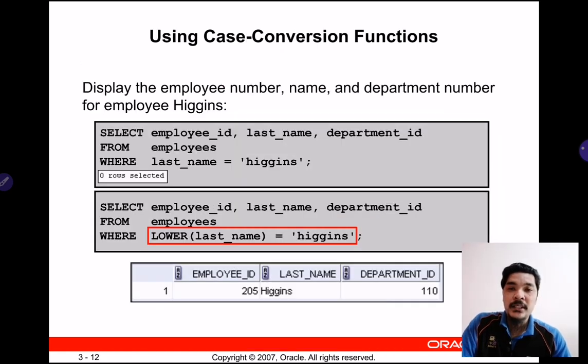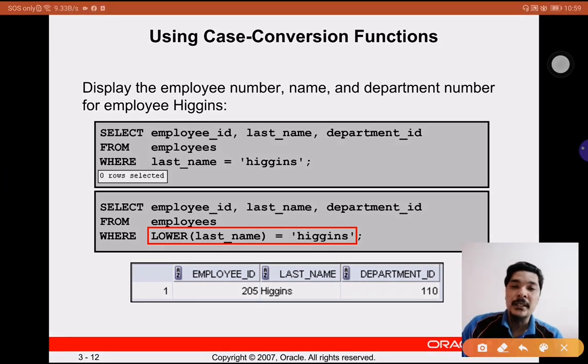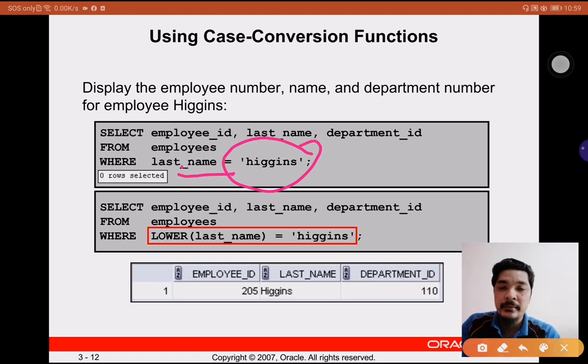Using case conversion functions, it's going to be the same. Display the employee number, names, and also department number for employee Higgins. Where last name equals Higgins, it will give you 0 rows selected. Why?